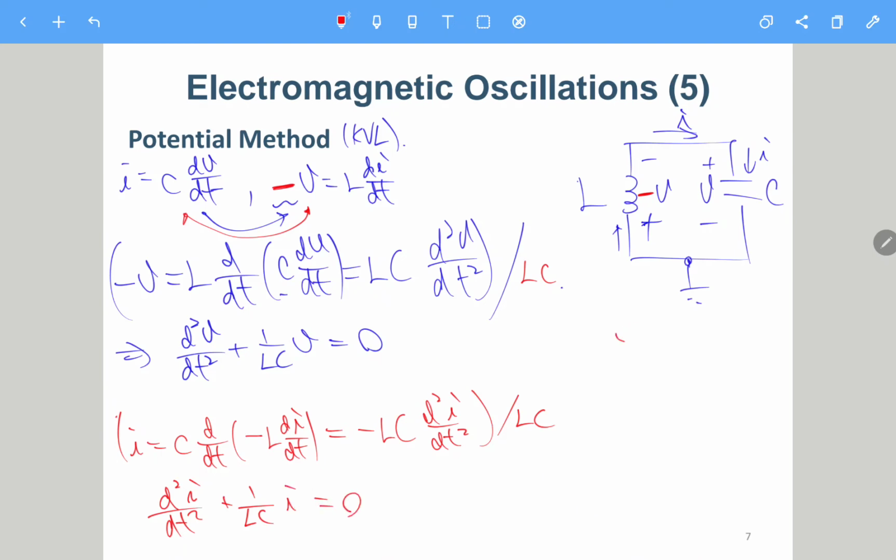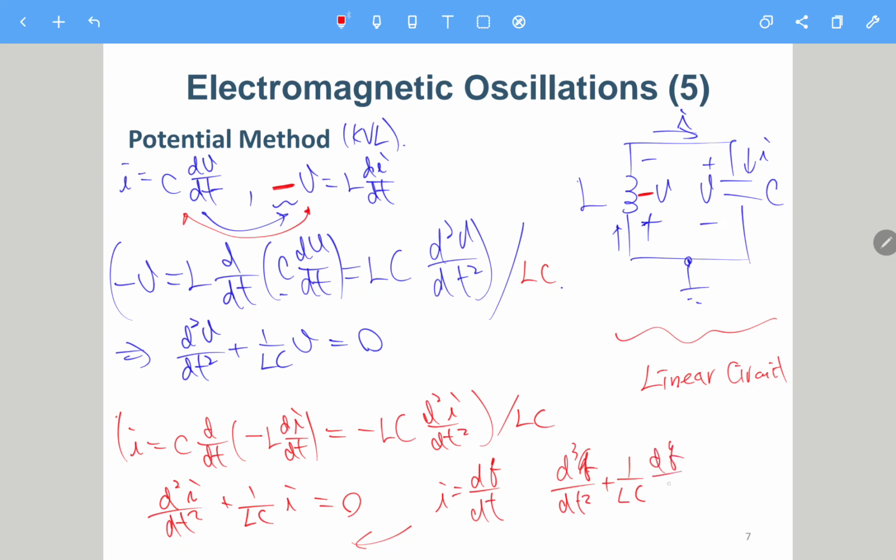So actually this is a so-called linear circuit. For any variable here, for example, the voltage across this one, the current or whatever, it will also satisfy this equation, including the charge. Because you can also imagine I is dq/dt, then you can plug in here and find d³q/dt³ plus 1 over L dq/dt.